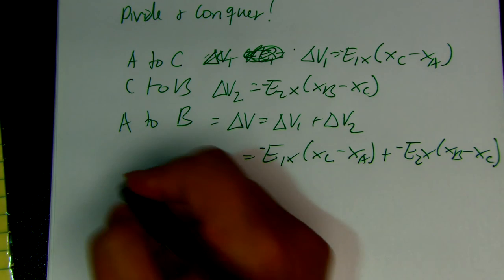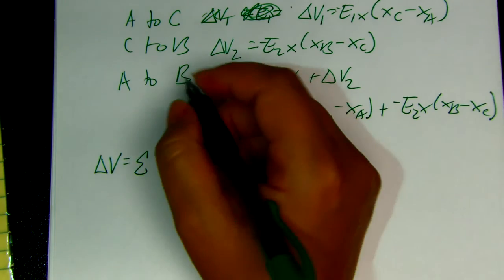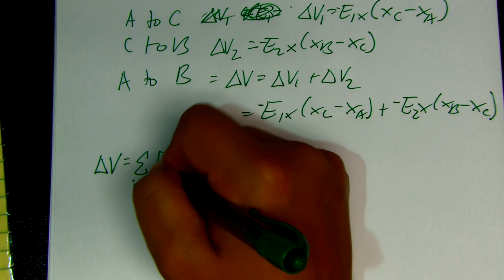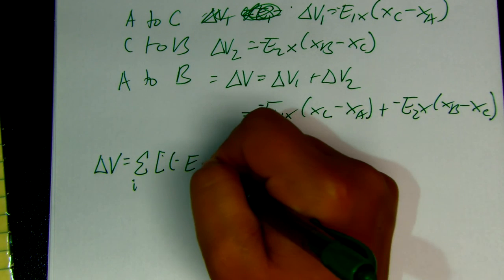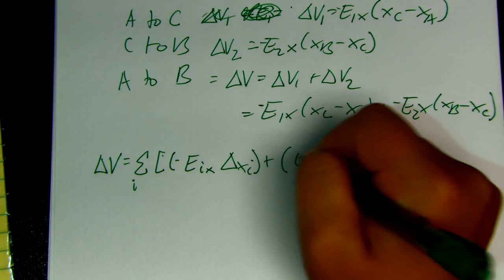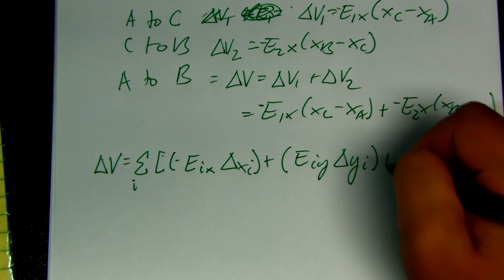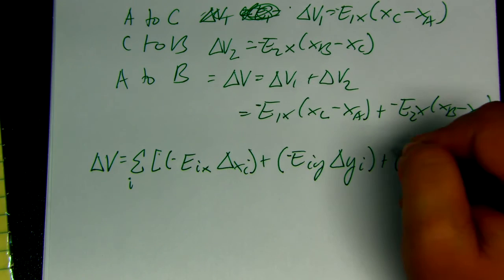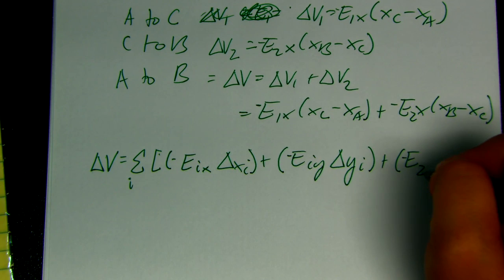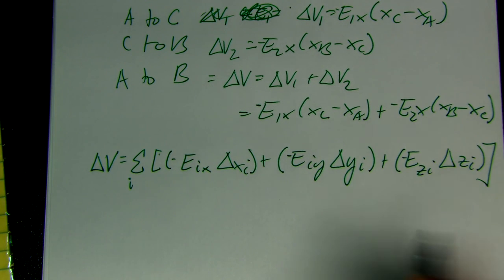All right, and of course what this is leading to is that you can take delta V in non-uniform fields as the sum of the different field components: minus Eix times delta xi, minus Eiy times delta yi, and minus Eiz times delta zi. So there you're just looking at all the different components of the different fields and their corresponding displacements.